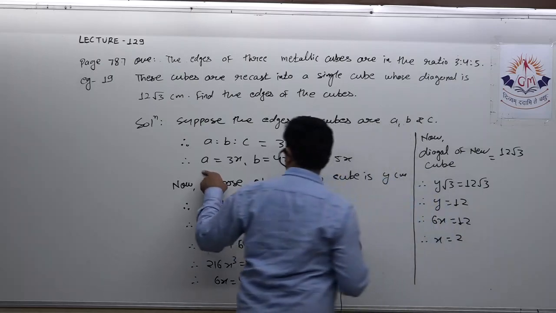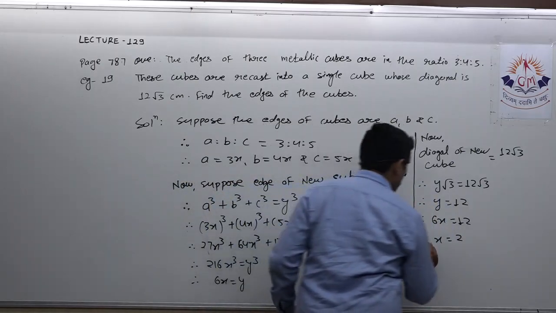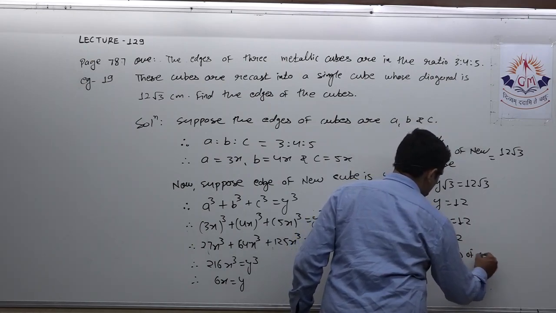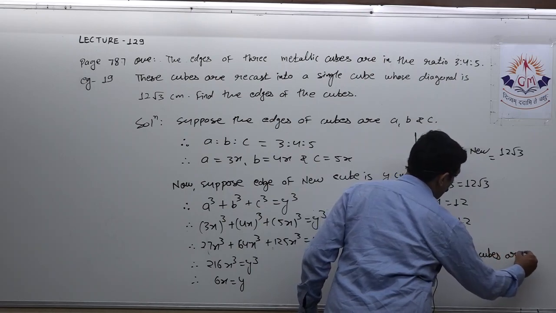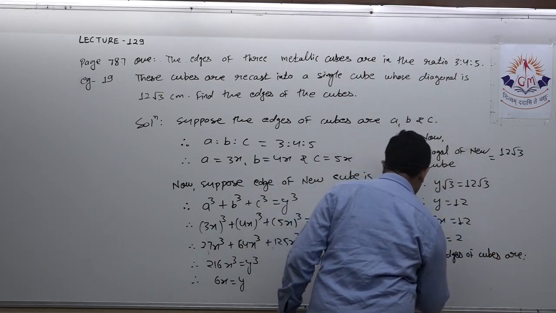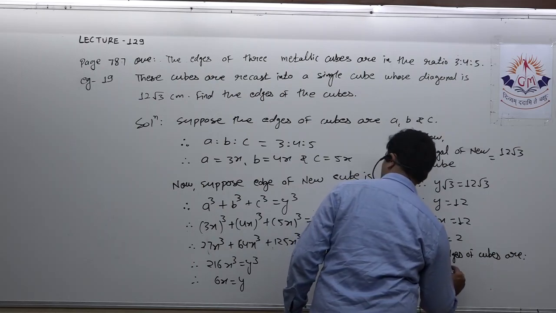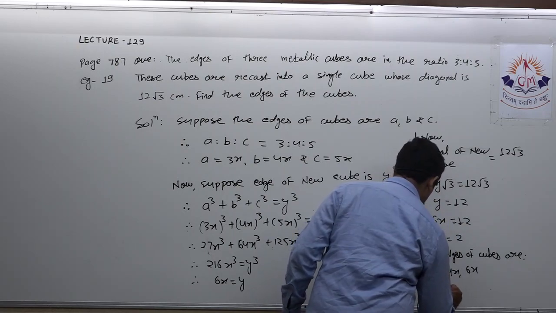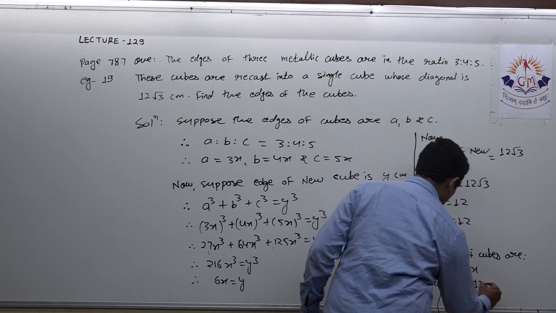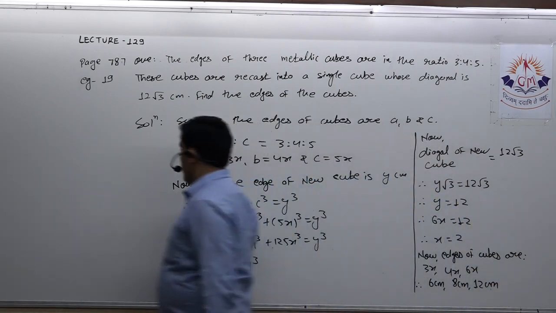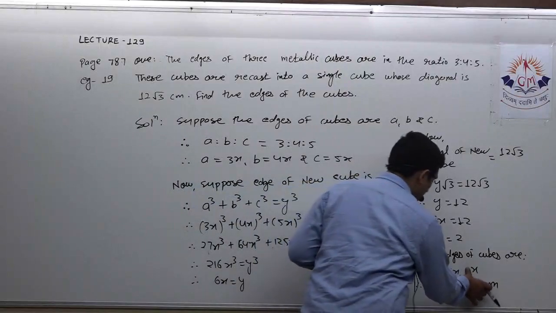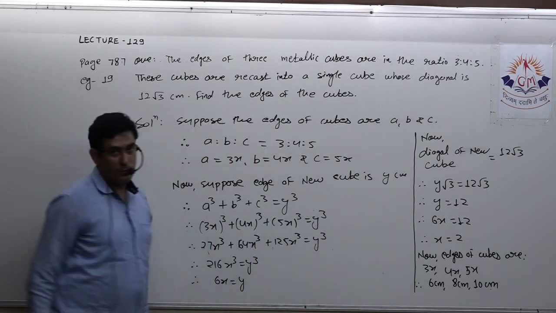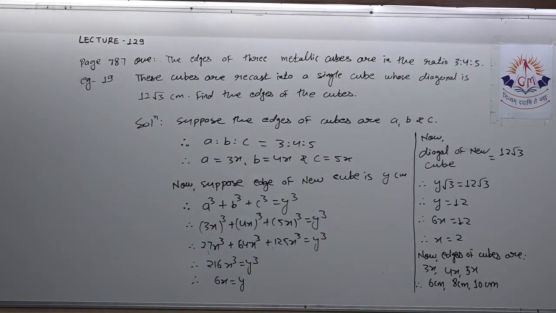As soon as we got x, now we can find the edges. So finally, edges of cubes are 3x, 4x, 5x, therefore 6 centimeter, 8 centimeter, and 10 centimeter. Please note it down, then we will see the next question.